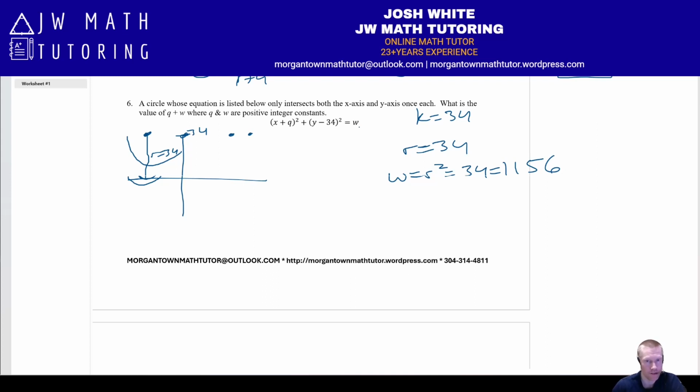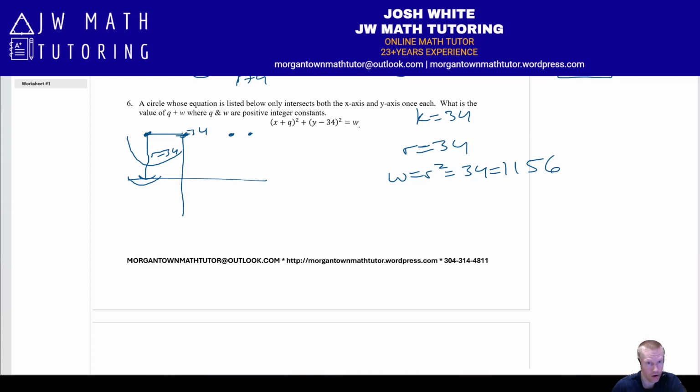Now you can apply the same basic idea to find q, which is that for it to be tangent, in this case to the y-axis, the q value has to be equal to 34. Because, again, for it to touch, basically the radius has to be equal to the horizontal distance that the center is away from the axis.